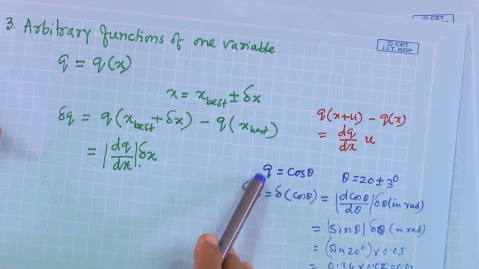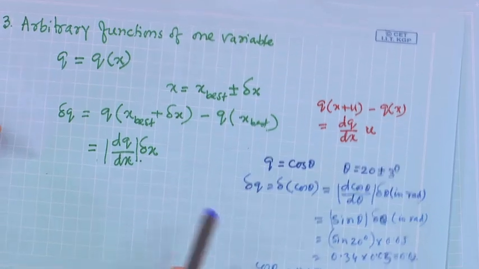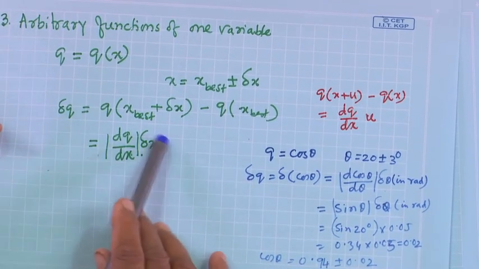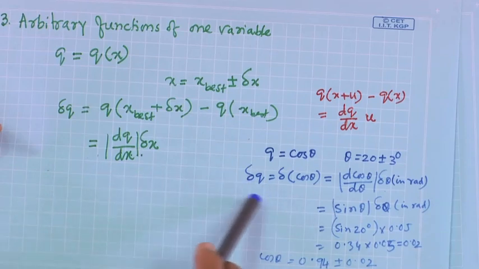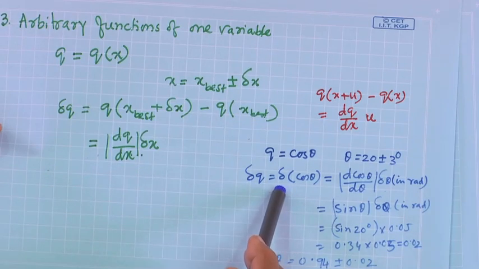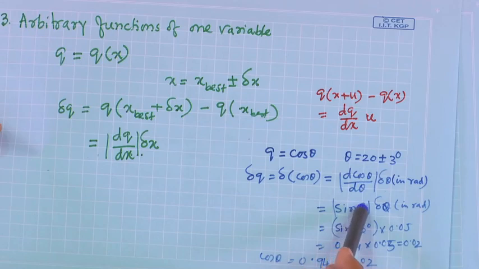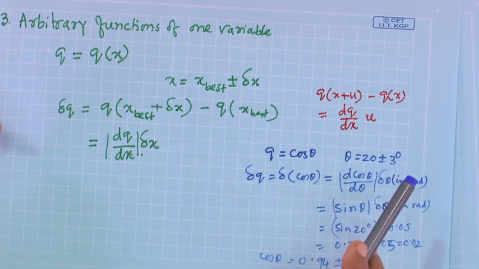What will be the error on q? I know del q equals this, so del q means del cos theta equals d cos theta by d theta times del theta.